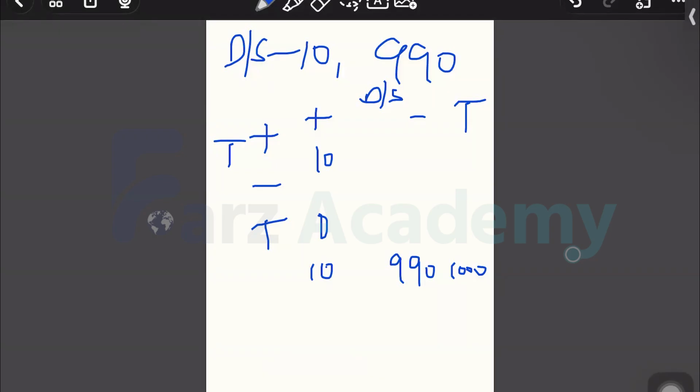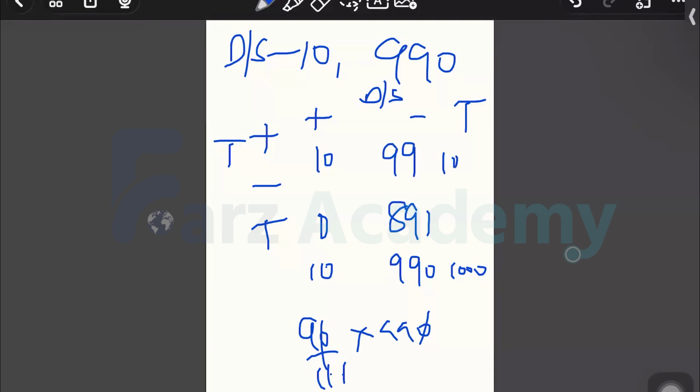So 90% of 990 would be almost 891. So this would become 99. So this would be 109. This would be 891. Approximately this would be 9.9 and this would be 0.1.